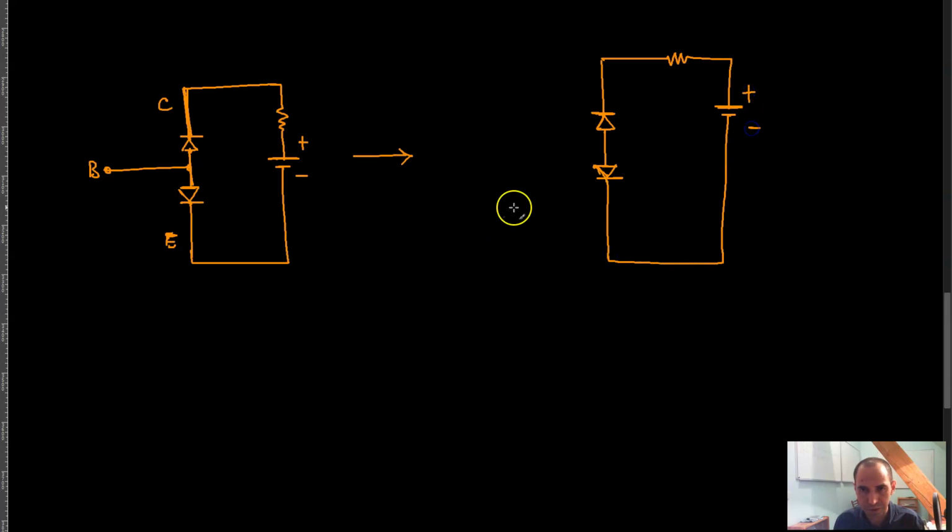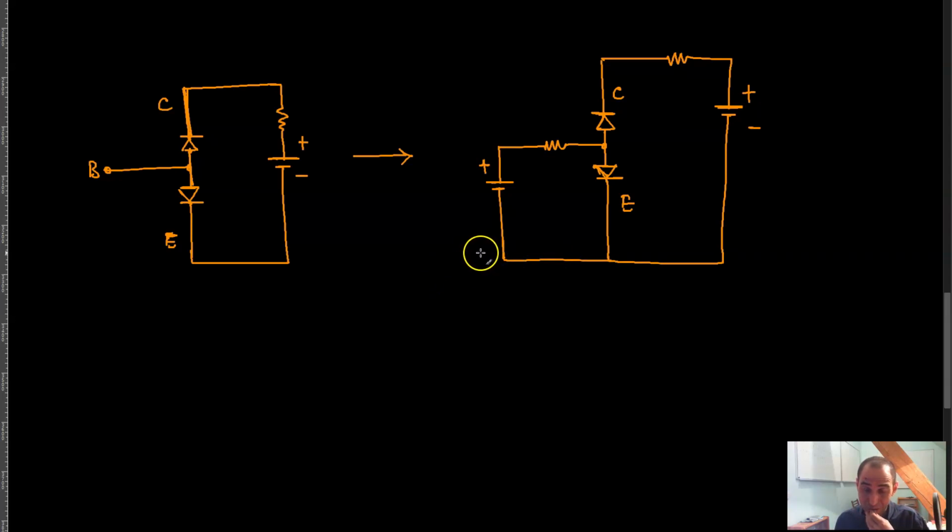So this is your collector, this is your emitter, and this would be your base. But this time I'm also going to connect the base to a power supply, putting a resistor over here, to forward bias this diode, connecting this to positive and this to negative.